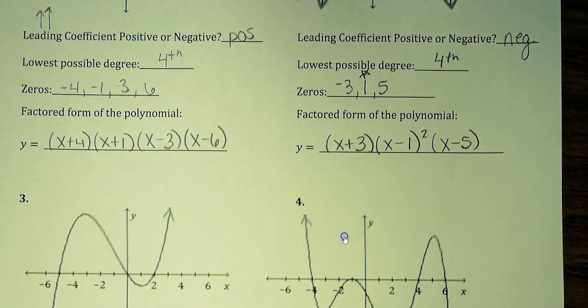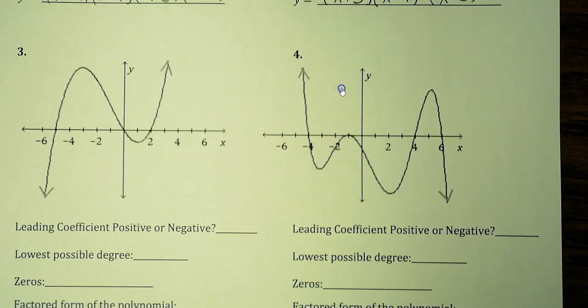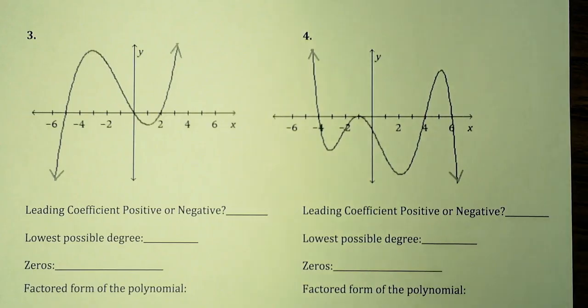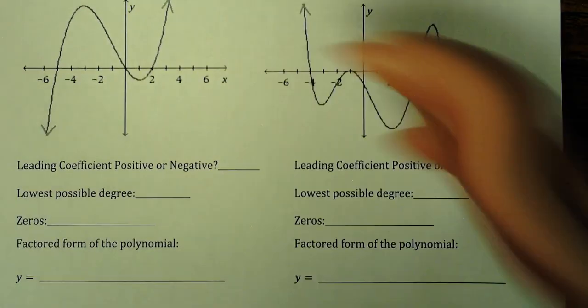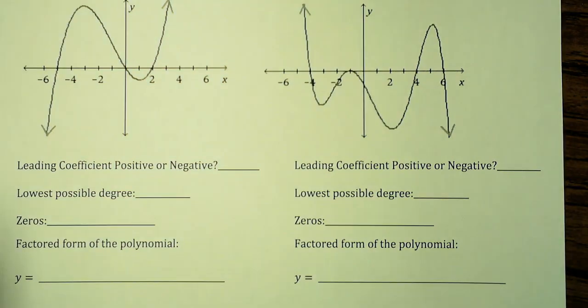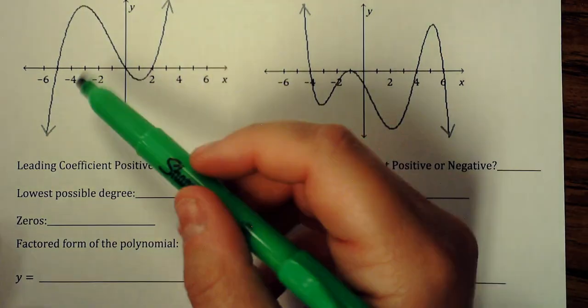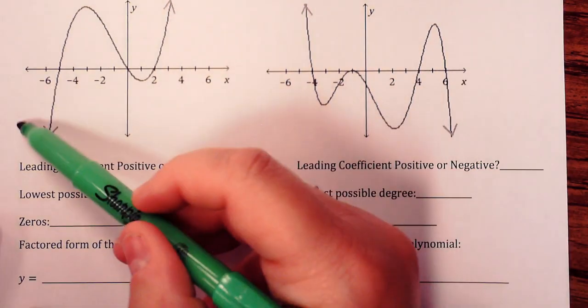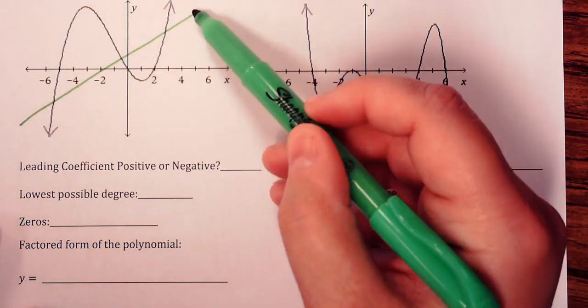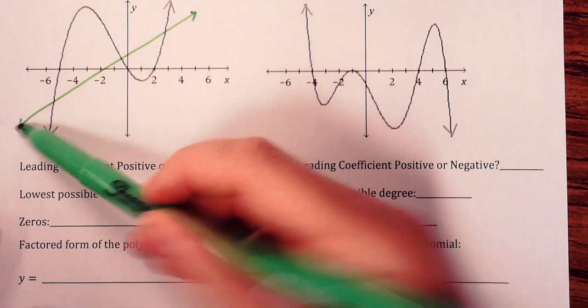And I just have 2 more here real quick. Got one of each of our types of end behavior here. So this is down at the beginning and up at the end. And let me just show you a little thing. Remember I showed you the parabolas and the lines. If I'm not sure and I've got an odd function, here's what I do. I just sketch in a line to mimic the end behavior.